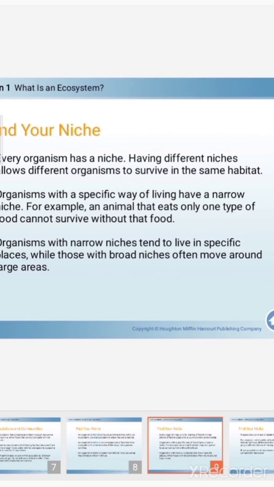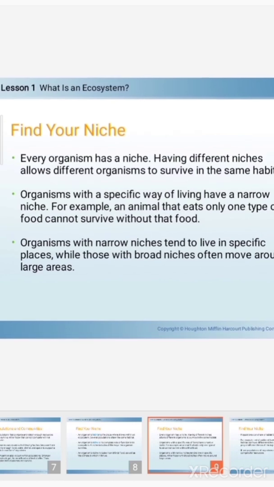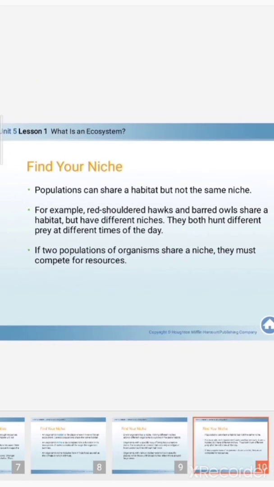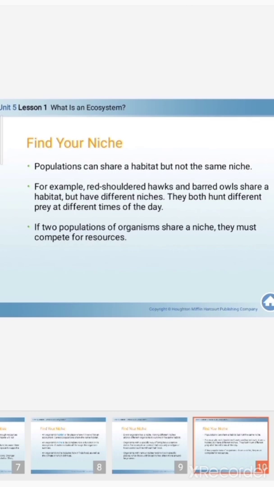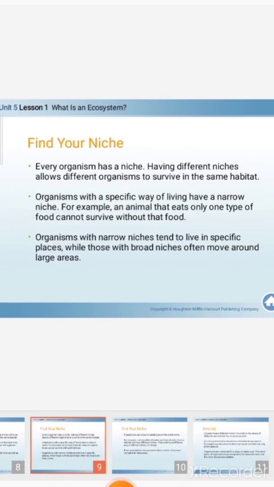For example, an animal that eats only one type of food and can't survive without that food, like the panda. The panda can survive only with the bamboo plant and can't eat any other food. It can't live far from a bamboo plant. While the animals which have a broad niche can live in many places and eat many foods.